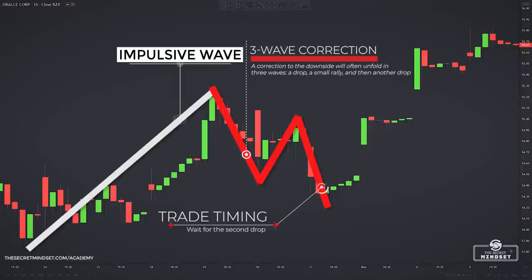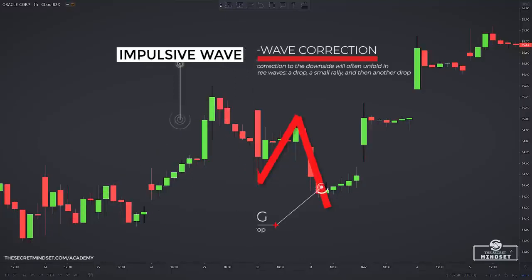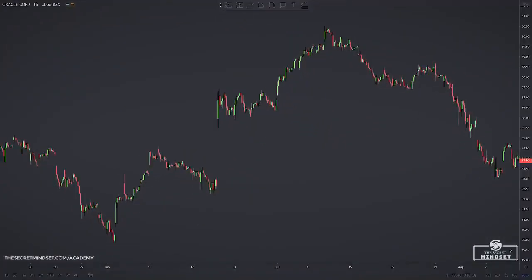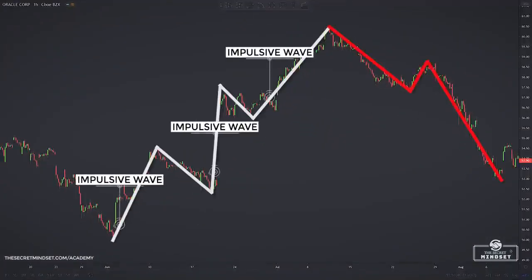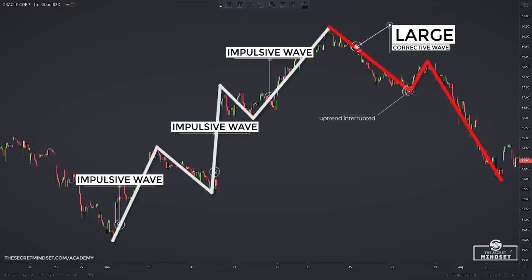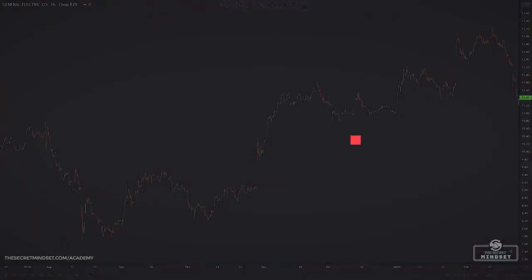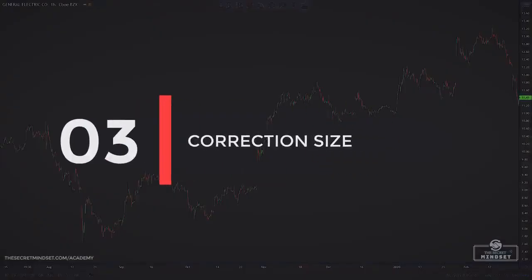Getting in when the price starts to drop for the first time is too early, as another drop is likely coming. Also, once there have been 3 big moves to the upside, the uptrend may be nearing completion. An impulsive wave to the downside would then confirm that the price is likely to head lower and the uptrend is indeed over. Third concept is the correction size.